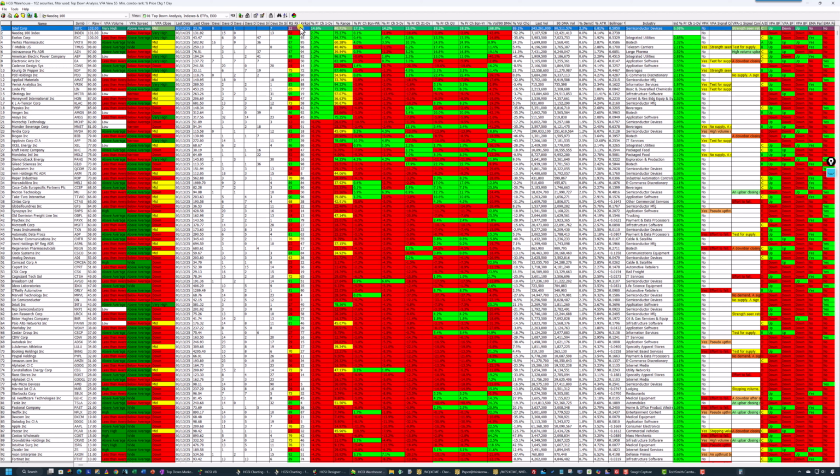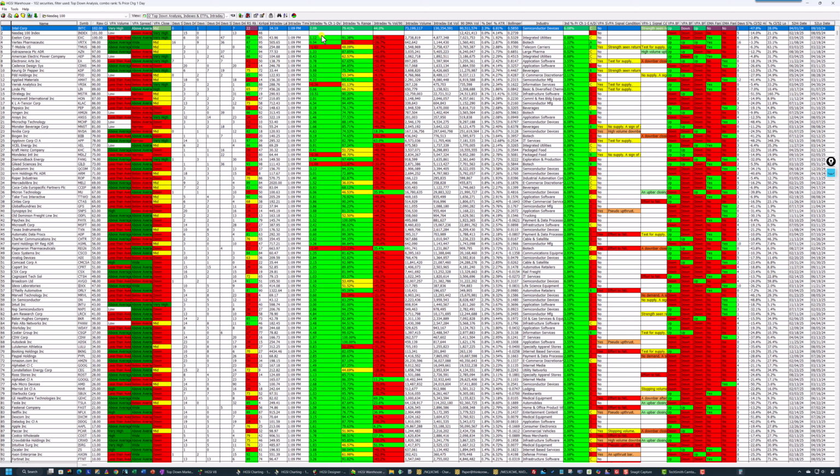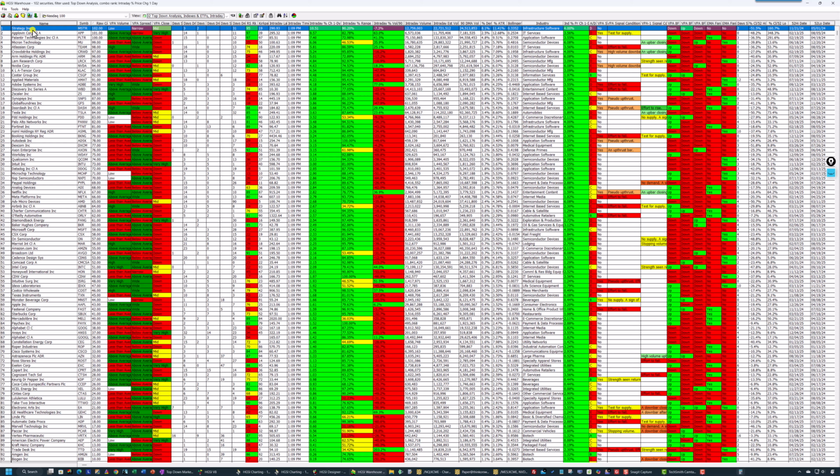So now I can turn off the view combo, and let's go down to the intraday. Today you can see that these are unchanged over here because I took the combo off. Now when I reapply the combo in the NASDAQ 100, this shows me the stocks that are up most today.